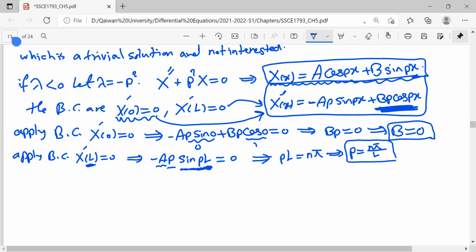And here X of x: b is 0, p is that, and a is, for X prime, is that.